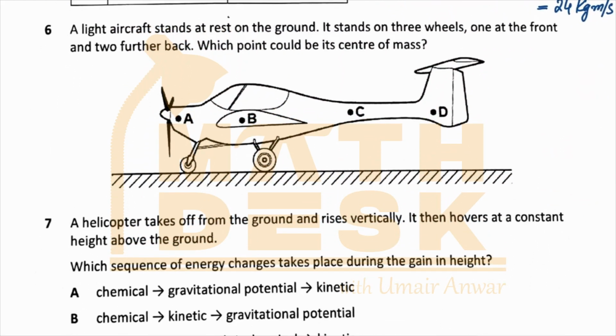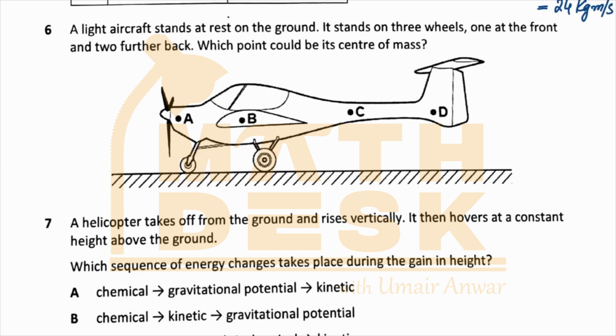Moving on to the next one, it says a light aircraft stands at rest on ground. It stands on 3 wheels, one at the front and 2 further back. So this is the one front wheel and these are the 2 back wheels. Which point could be its center of mass?